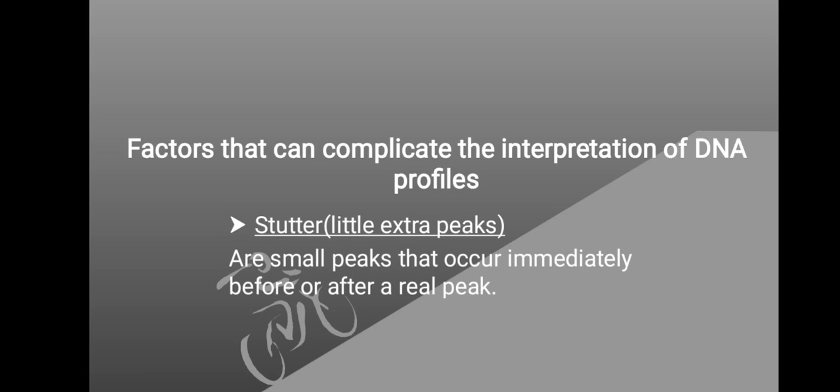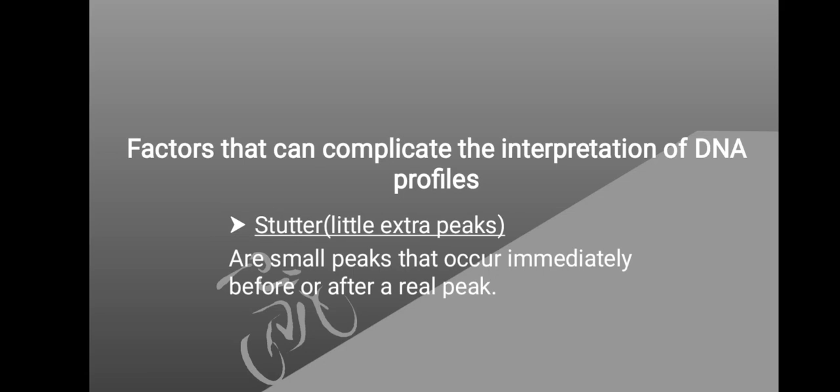Stutter is sometimes referred to as little extra peaks. And stutter peaks are small peaks that occur immediately before or after a real peak. During the PCR amplification process, the polymerase can lose its place when copying a strand of DNA, and this is usually slipping forwards or backwards for base pairs.